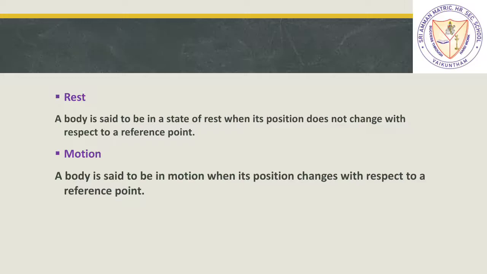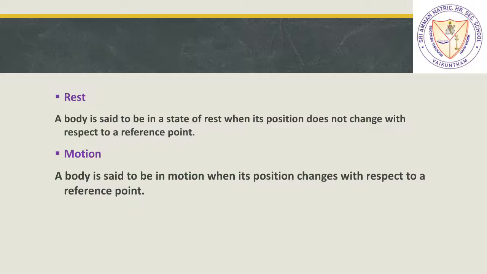With respect to you, the pen which is lying in front of you, the mobile or the laptop or the computer which is in front of you, if it is not changing its position, then the object or the computer is said to be at rest with respect to you.